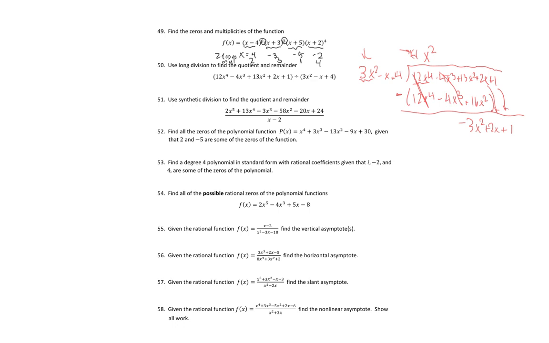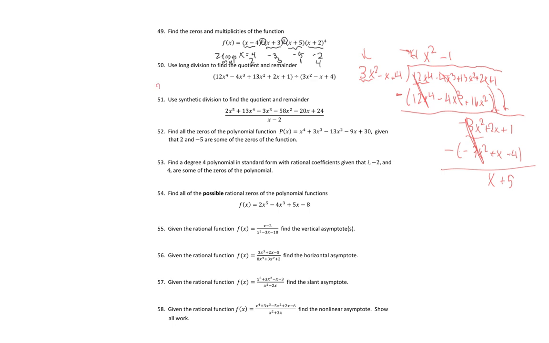Okay, now the next thing we have to do is ask what we need to multiply 3x squared by to get to minus 3x squared. And that's just going to be a minus 1. So multiply everything by minus 1. And then subtracting, the minus 3x squared and minus 3x squared, those cancel. 2x minus x is going to just be a single x. And 1 minus minus 4 is 1 plus 4, which is going to be 5.